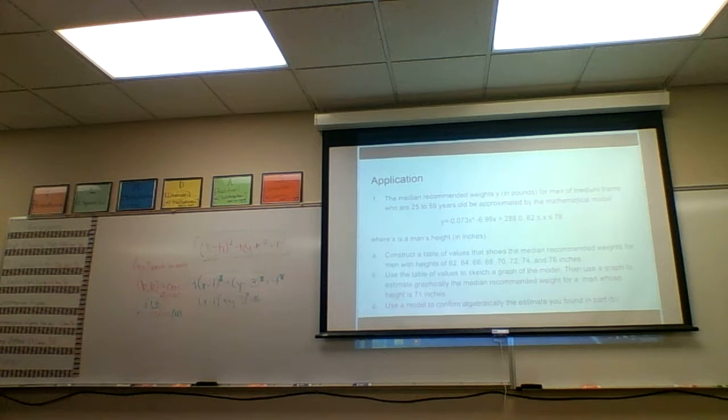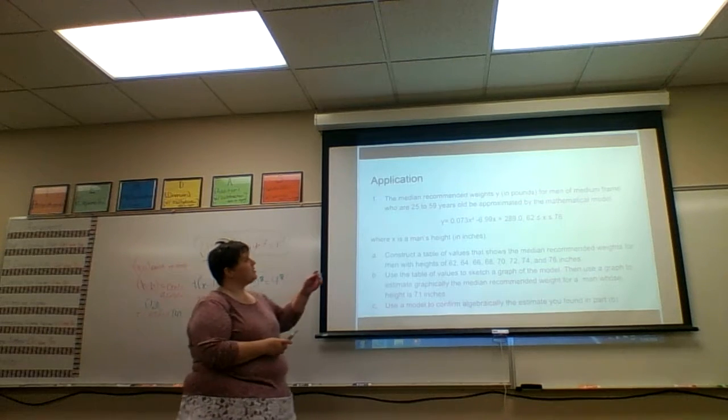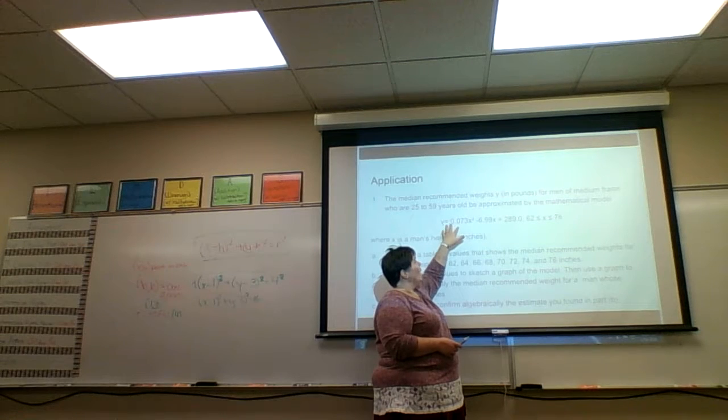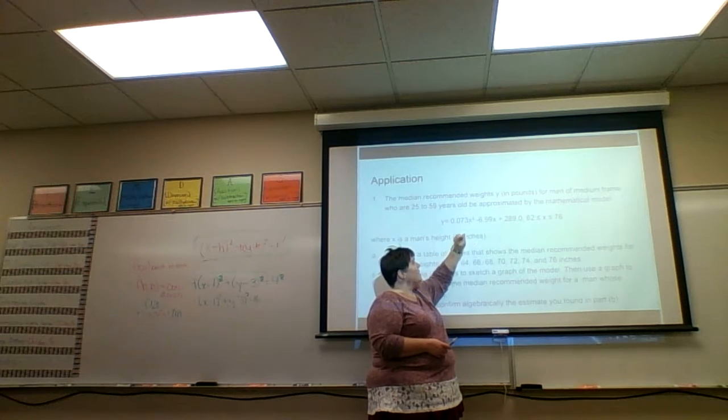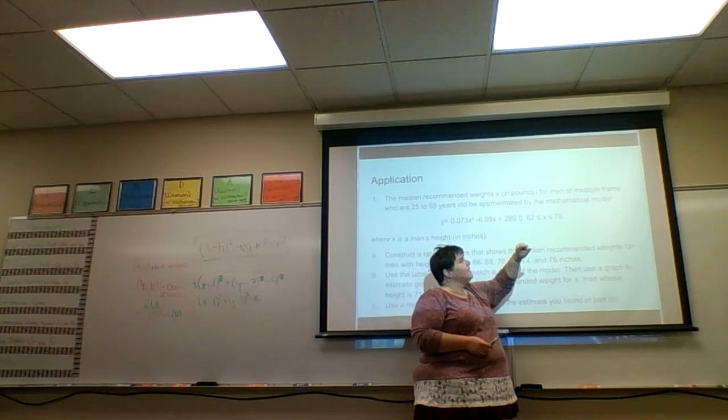Application. All right, so this is going to talk about mathematical models. Okay, hopefully you remember doing those last semester. The median recommended weights y in pounds for men of medium frame from the age of 25 to 59 are approximated with this mathematical model: y equals 0.073x squared minus 6.99x plus 289.